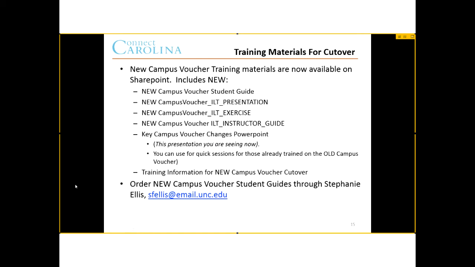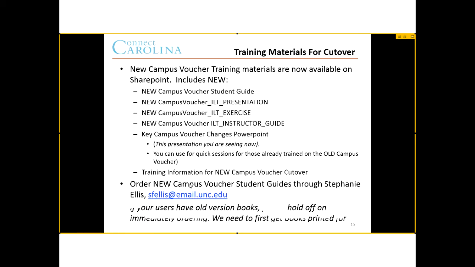And again, the new student guide is also available via the SharePoint site via soft copy. Okay, so we do request that those of you who already trained people on the old campus voucher, hold off on any requests for now on getting those people the newer version of the student guide, that way we can allow for all the people that haven't trained on it yet.